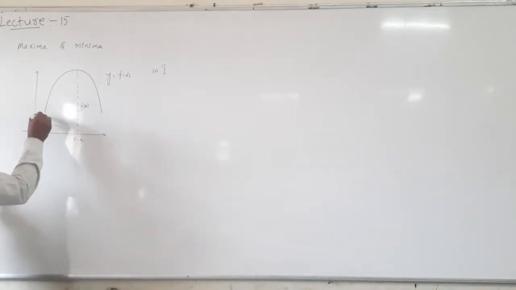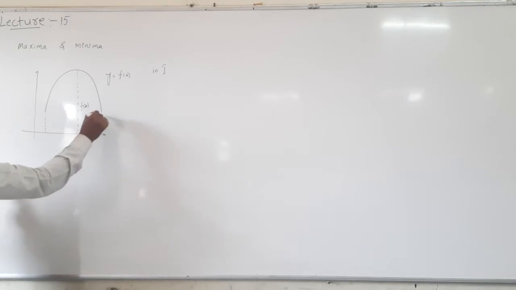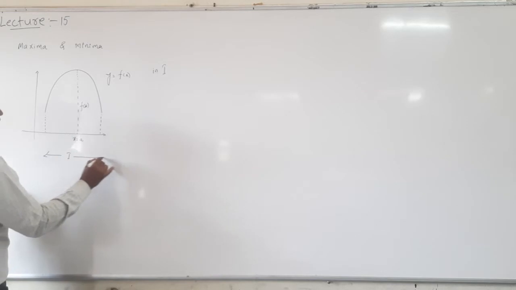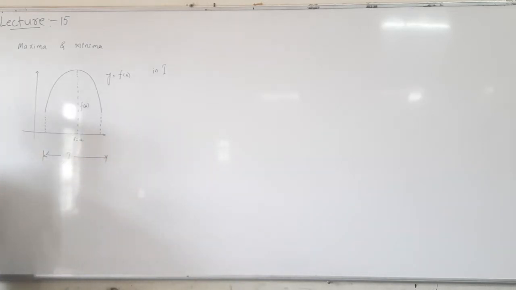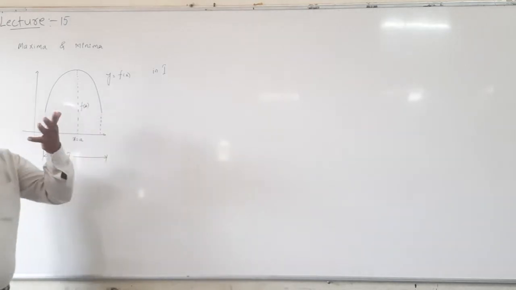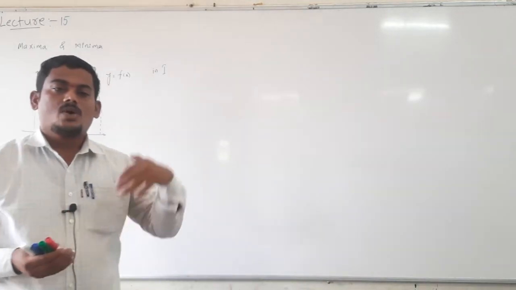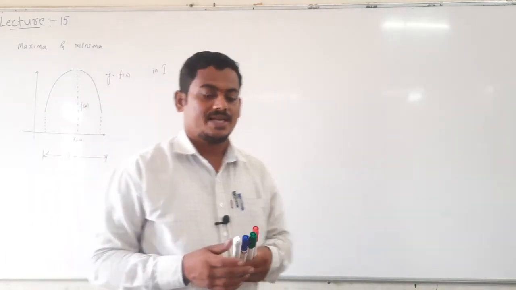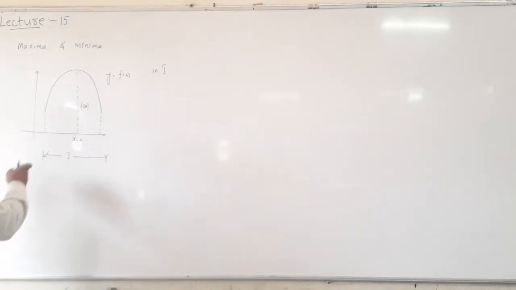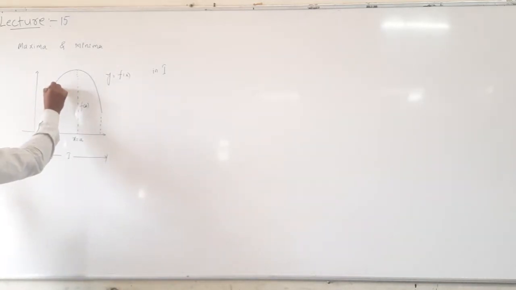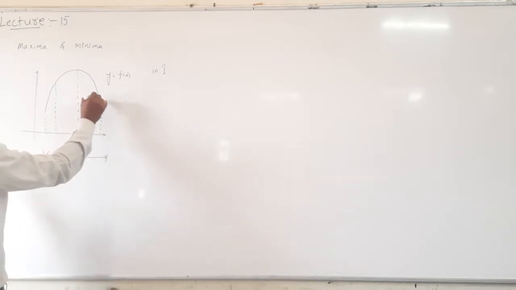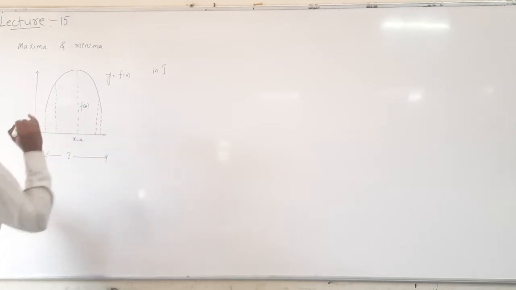This is our interval I. F of a is known as the maximum value of the function only when all the remaining functional values are less than f of a, right? If you take any point here, this is some value, or this is also some value.